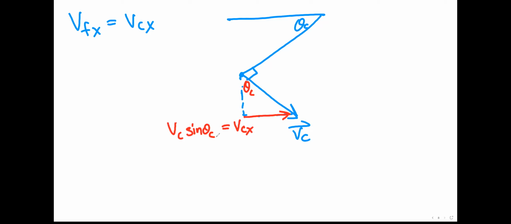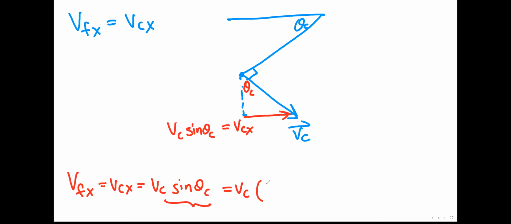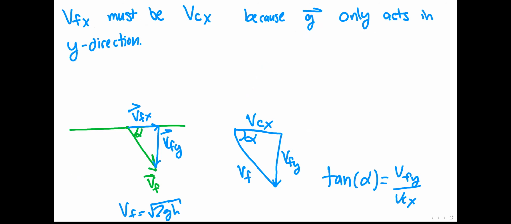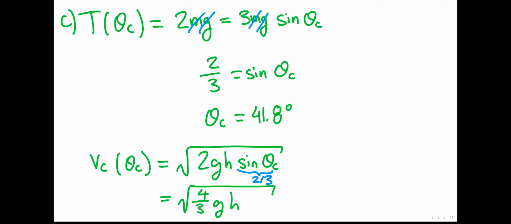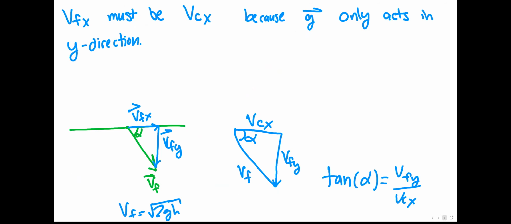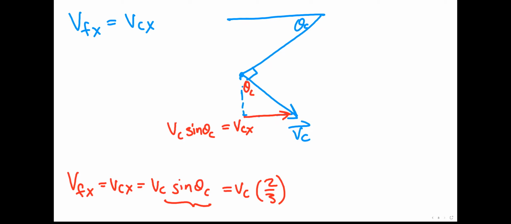So then we have that VFX equals VCX equals VC sine theta C. And we know what sine theta C is, right? We got that from just a couple slides ago. Sine theta C is 2/3.